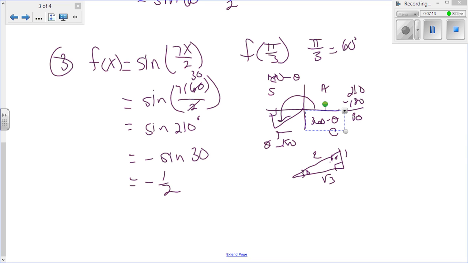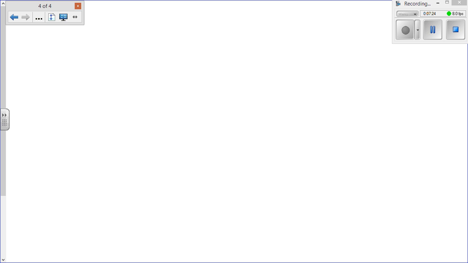So that was basically a substitution using function notation. The next thing on the page is reciprocal functions. The reciprocal of sine is the cosecant, abbreviated as CSC.